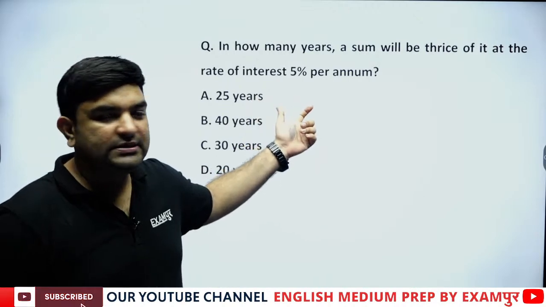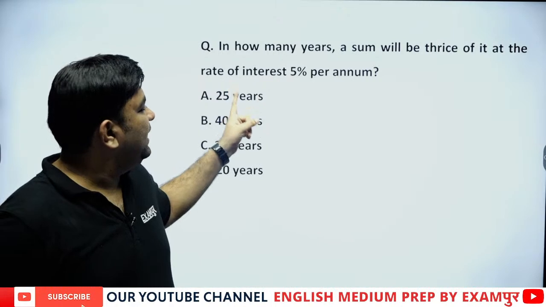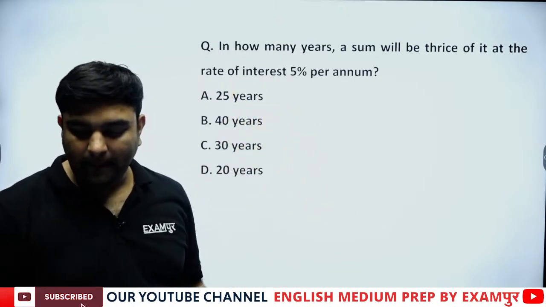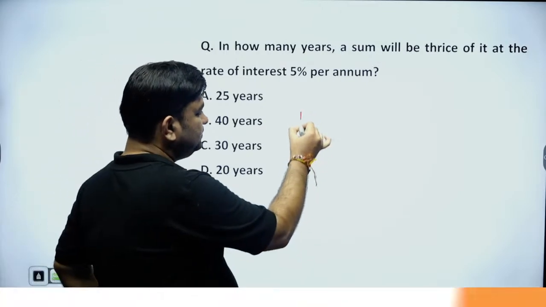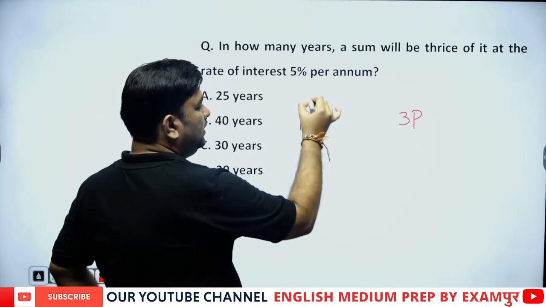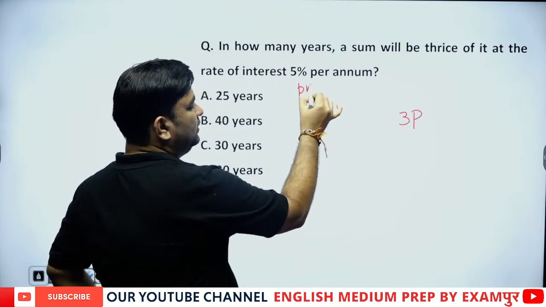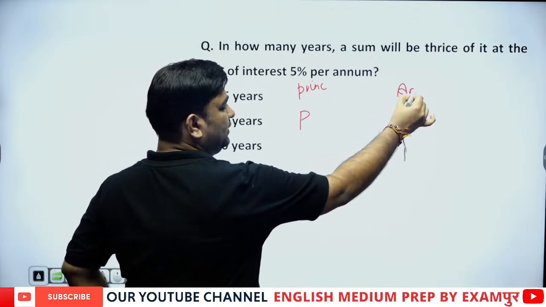In how many years will a sum become thrice of itself, at the rate of 5% per annum? Sum would be thrice of itself means P will become 3P. A principal of P will become an amount of 3P.